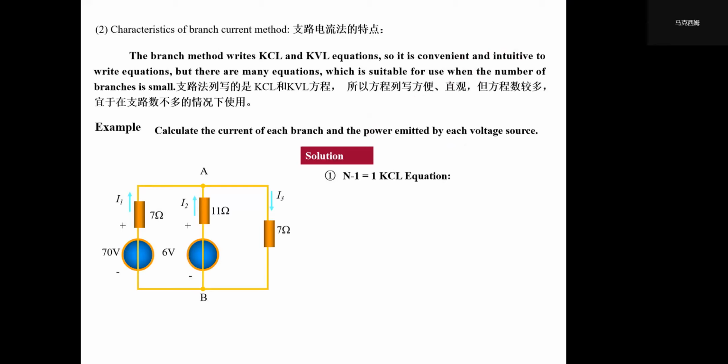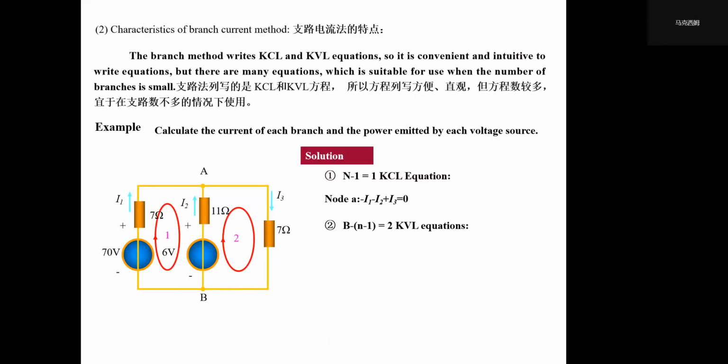So the first one, the KCL equation and KVL equation, loop 1, loop 2. We can write it directly, omitting the step of representing the branch voltage for each branch. We don't have to do that.